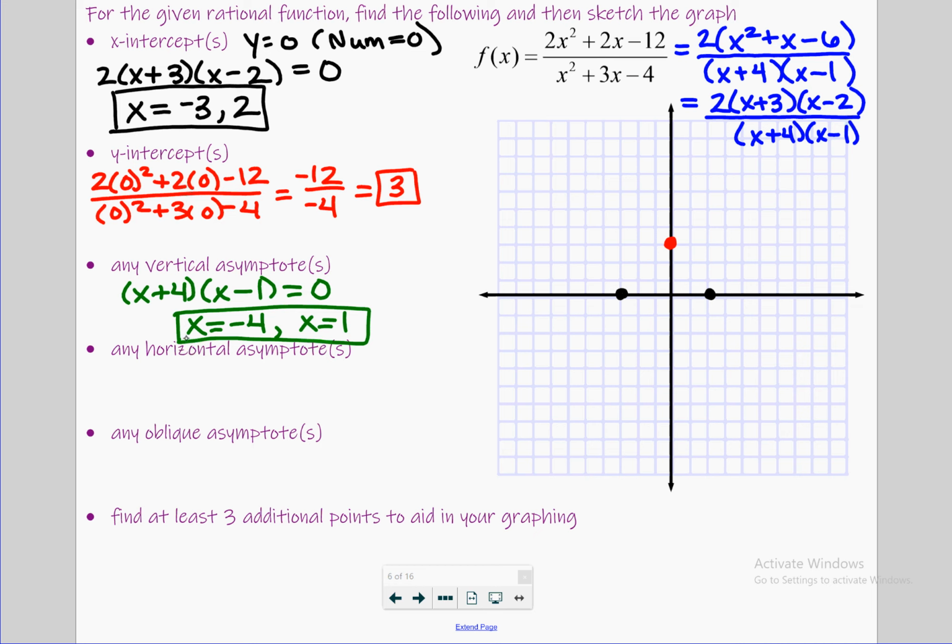All right, let's graph those. So at x equals 1, I have a vertical asymptote, which I'm not going to be allowed to cross. And at x equals -4, I also have a vertical asymptote that I'm not going to be allowed to cross there. Okay. All right, horizontal asymptotes, what do we do to find those?